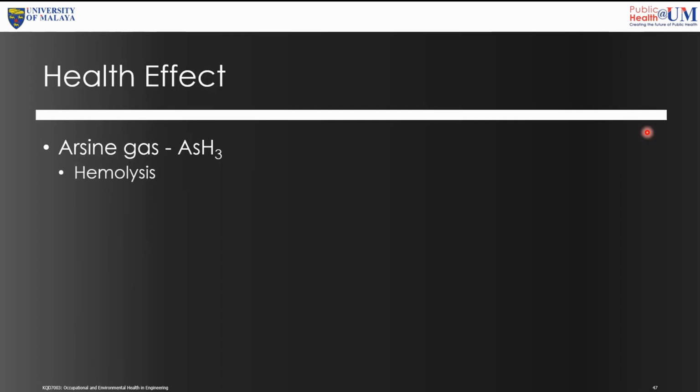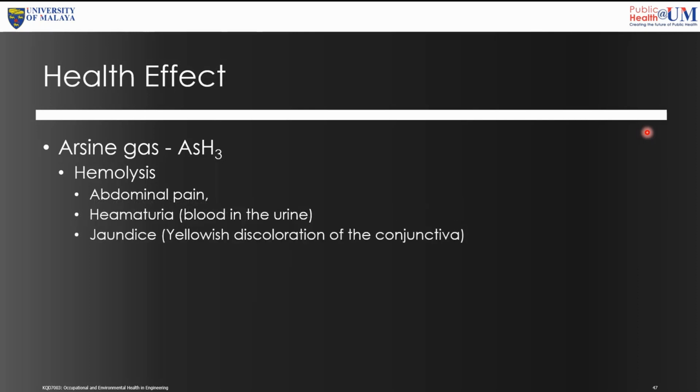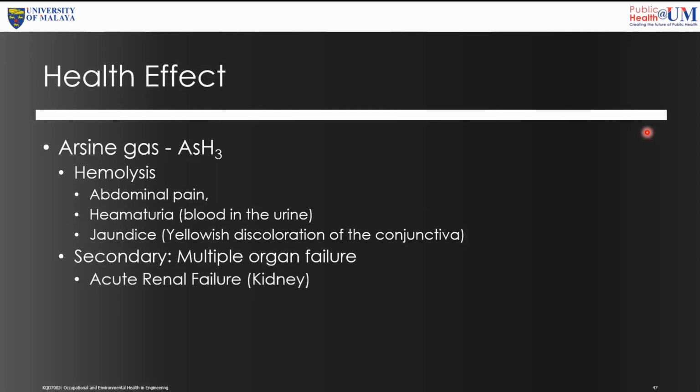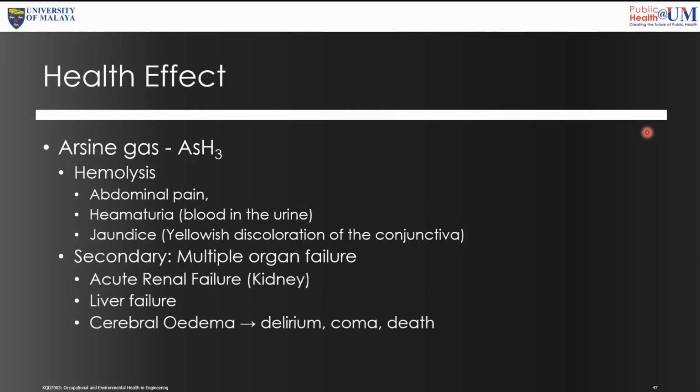Arsine gas causes hemolysis, basically breakdown of red blood cells, and also abdominal pain, hematuria, which means blood in the urine, and jaundice because of breakdown of the blood. So when you break down blood, then you become jaundiced, with yellow discoloration of the conjunctiva.